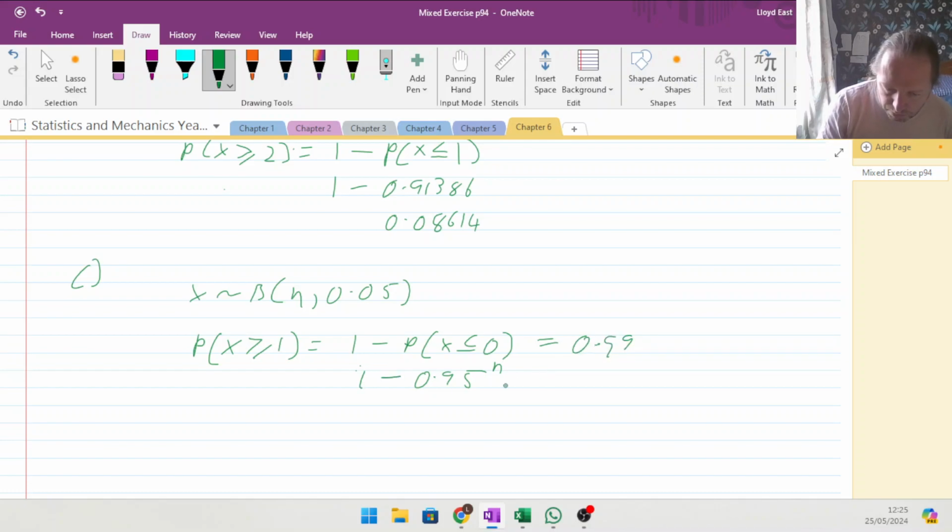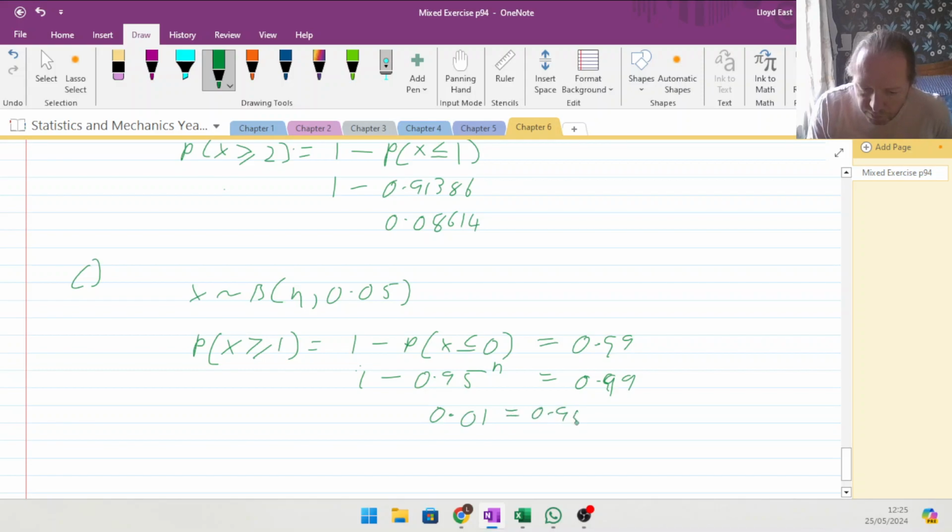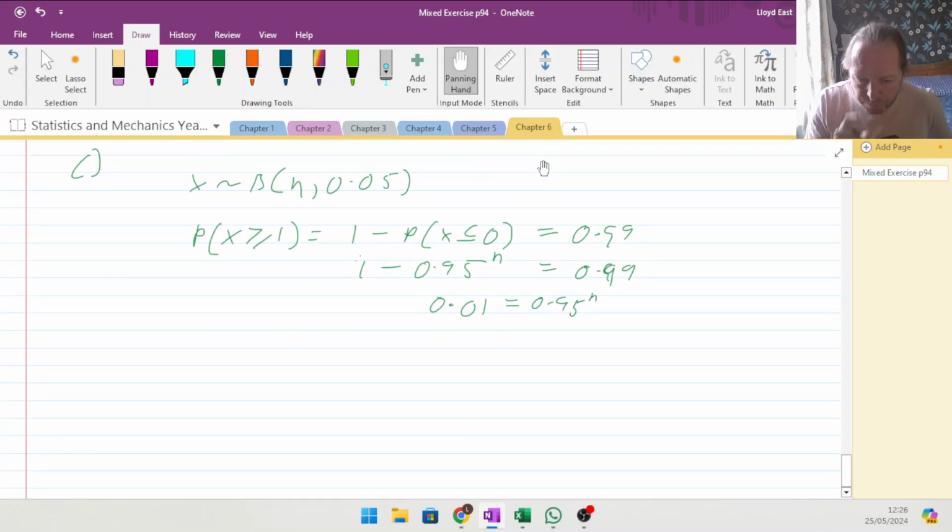So 1 minus 0.95 to the n equals 0.99. Okay, well now that we've got that, we can just solve it through. So bringing that across, we end up with 0.01 is equal to 0.95 to the n, just rearranging the equation around.